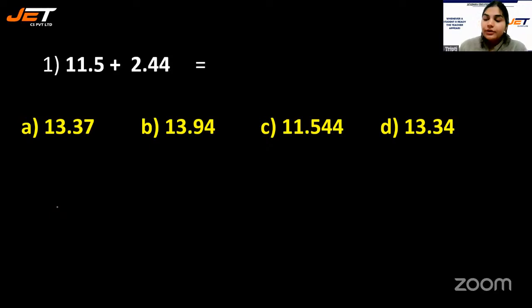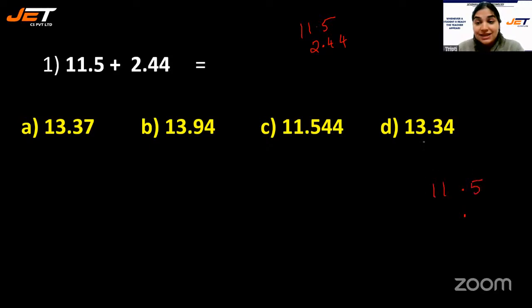Now you must be thinking why I have written 0.5 there and 44 there. You know the place value, right? I'm putting decimal under decimal.